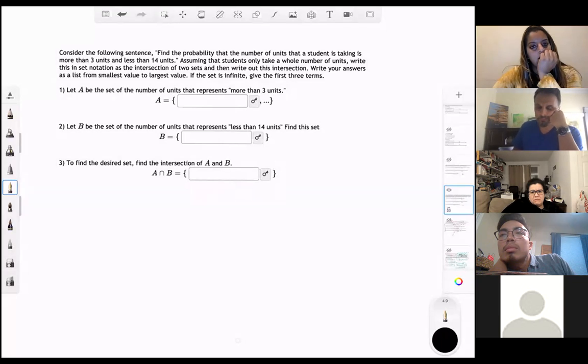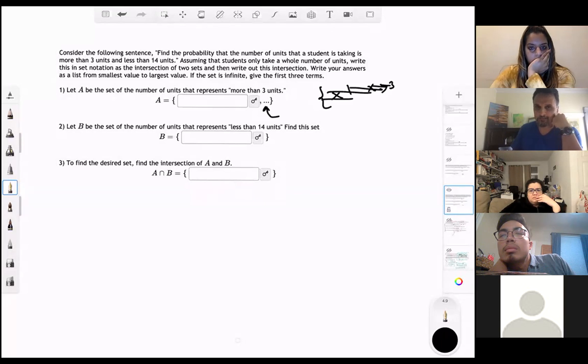So more than 3, in your homework, there is a ... here. That means you don't need to write it as x such that x is greater than 3. So don't do this because you're going to get the wrong answer. More than 3 will be 4, 5, 6, 7, and so on. All right, so this will be the solution for part A, for the set A.